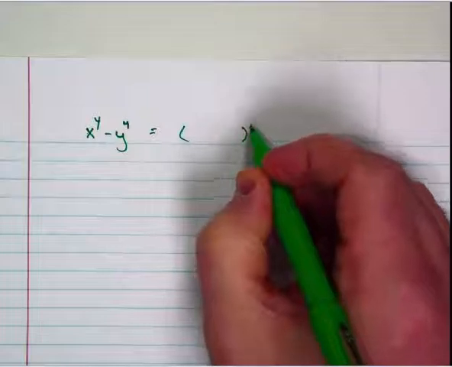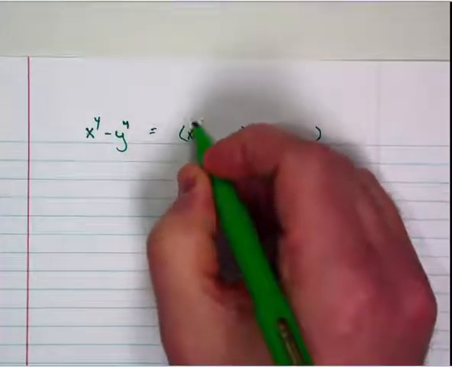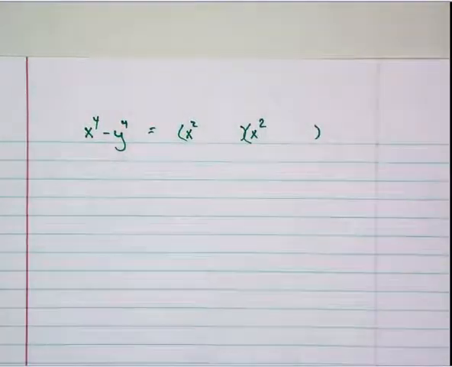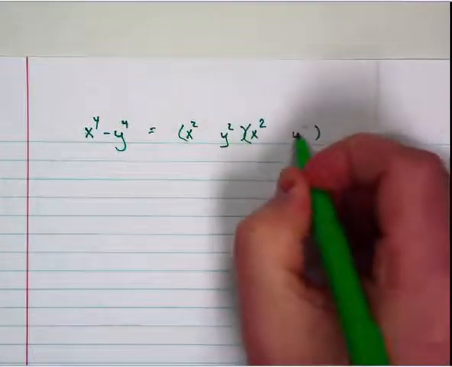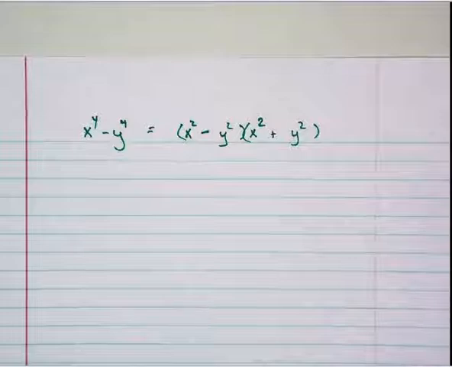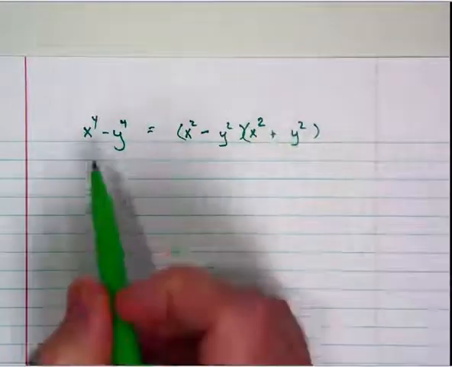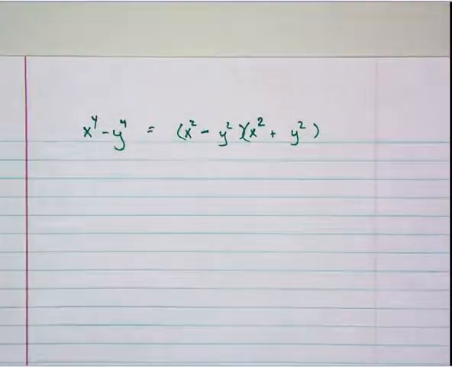What times itself is x to the fourth? Well, that would be x squared times x squared. And then what times itself is y to the fourth is y squared times y squared. That would be a plus and a minus. And again, prove it. Double distribute this. Make sure you do, in fact, get that binomial.